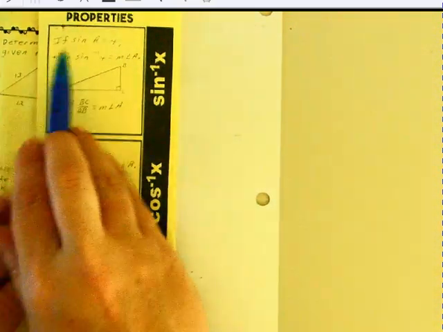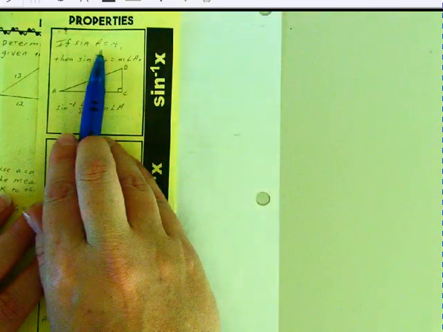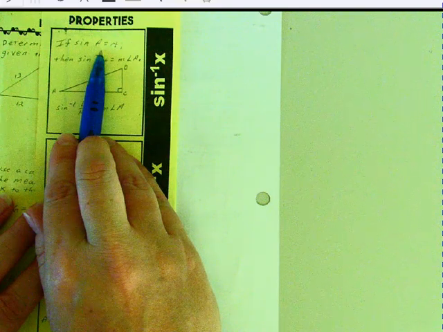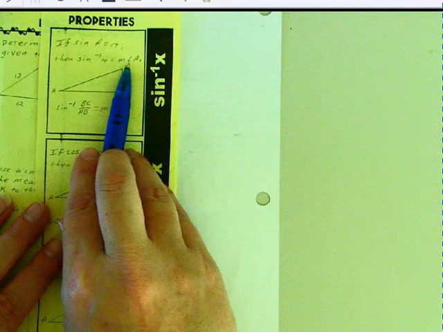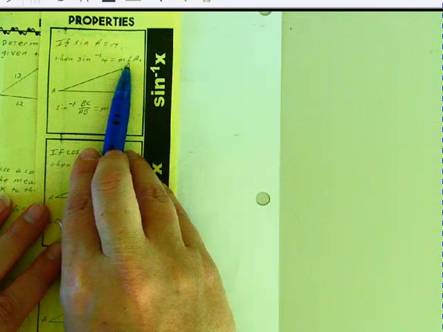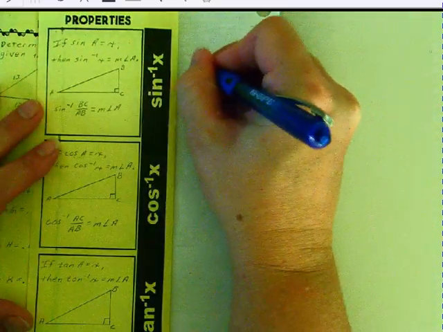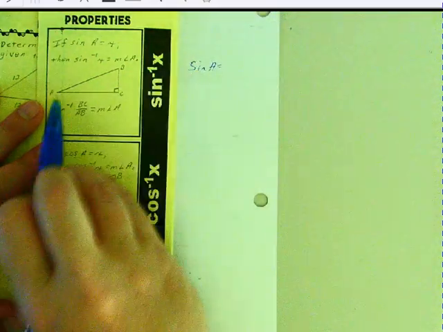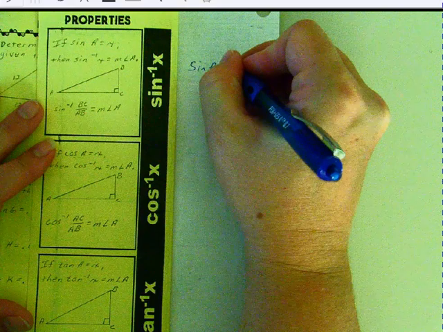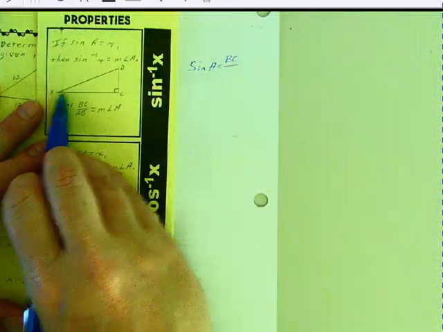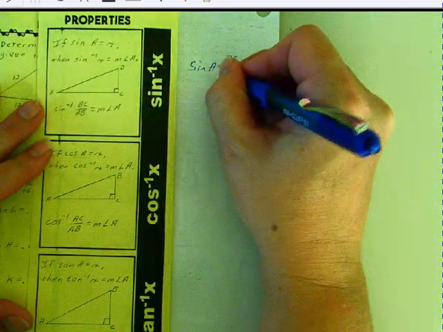So if we have sine of A equals x, I apologize, it's focusing there, and we want to find A, then sine to the -1 of x is going to equal the measure of angle A. Okay, and how that works, if we think about it, if we have sine of A equals, we're going to have our opposite, which is BC, over our hypotenuse, which is AB.